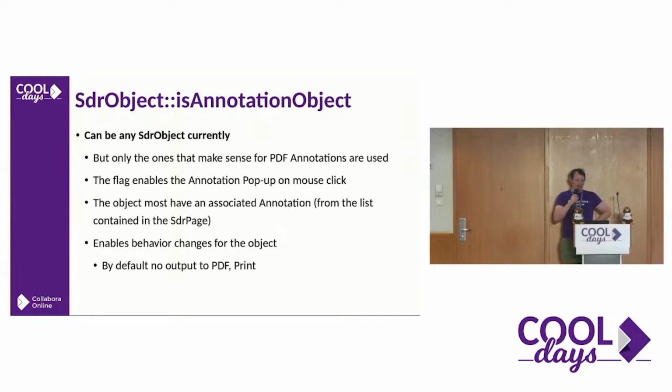So what needs to be done here is, when you click on the objects, you have to see that this is a mouse click, and you have to show the pop-up. Another thing is that you have to change the behavior of the object a little, so that when you are printing or outputting a PDF, you don't show this object, because it's an annotation and by default it shouldn't be printed.